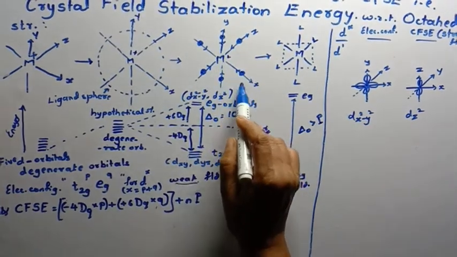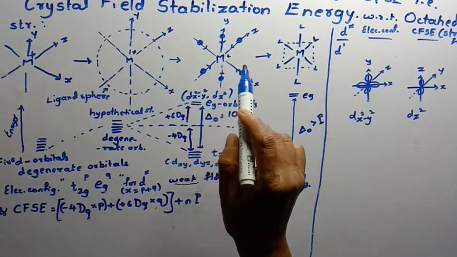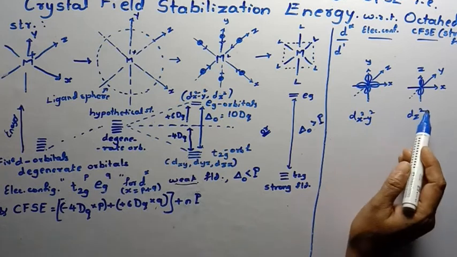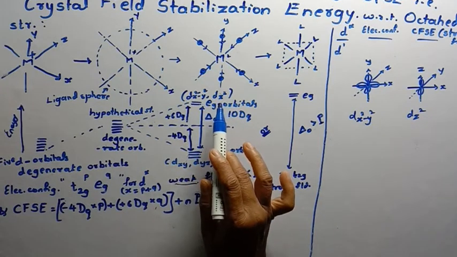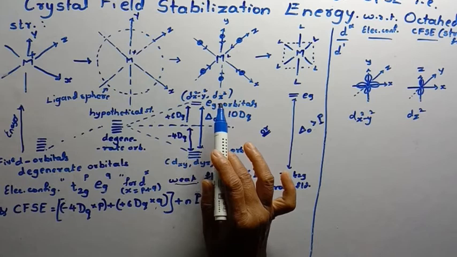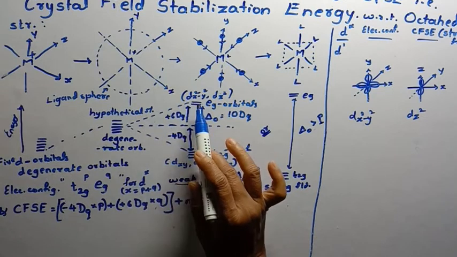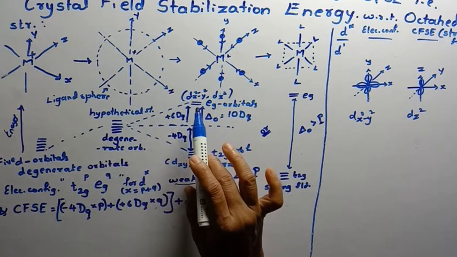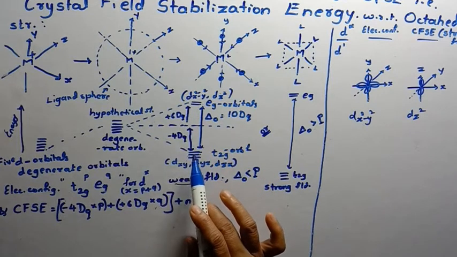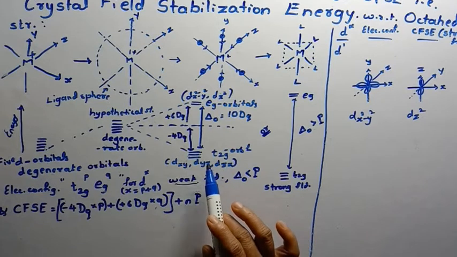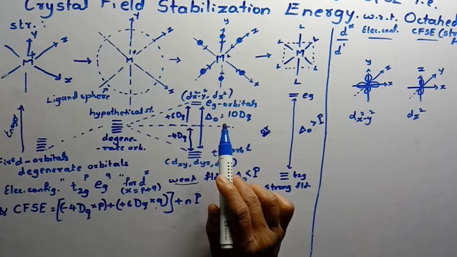So now the ligands are approaching along the axes, thereby these two orbitals out of 5 experience greater repulsion when the ligand approaches quite near to the metal ion. There is a head-on interaction, so they experience greater repulsion compared to the other three, dxy, dyz, dzx, which lie in between the path of the approaching ligands.